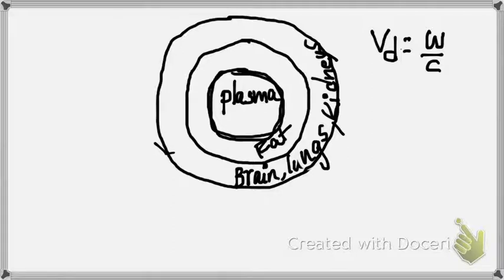If the plasma concentration of the drug is more, the volume of distribution will be less, which means that a drug which is more plasma protein bound will be present more in the plasma and will not move to the other body compartments.